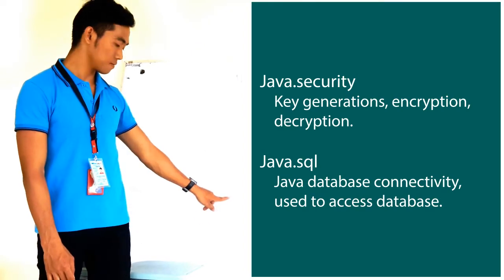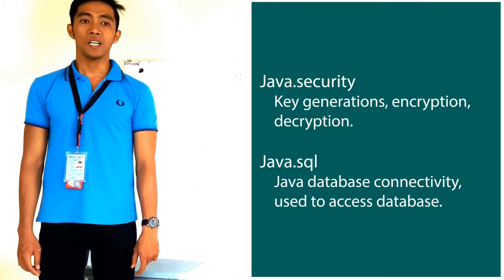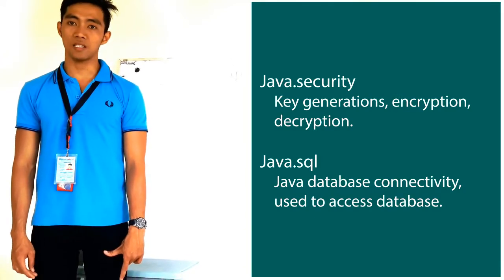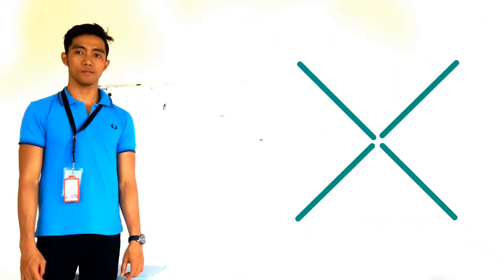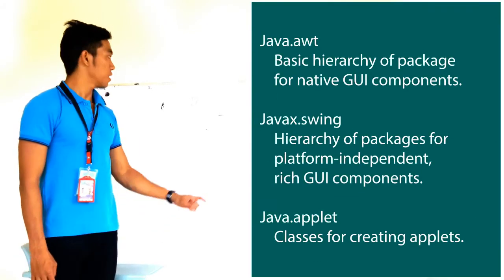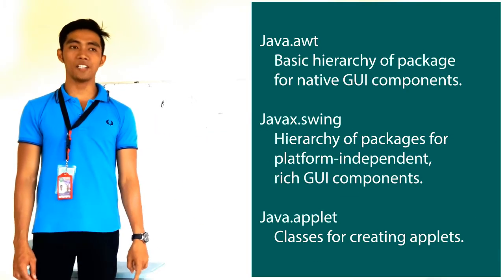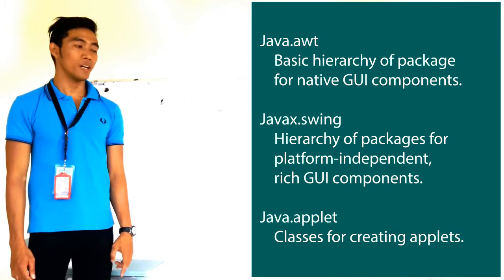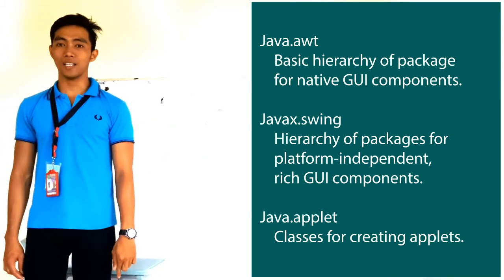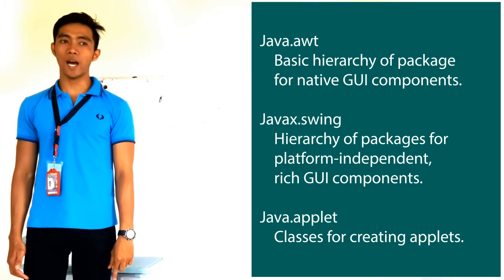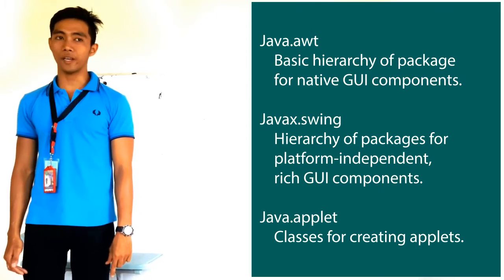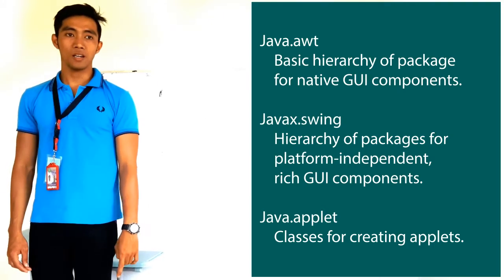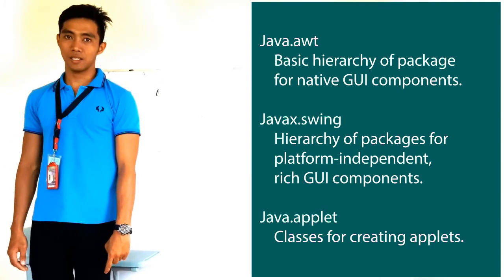Number 9, java.sql: Java database connectivity, JDBC, to access databases. Number 10, java.awt: basic hierarchy of packages for native GUI components. Number 11, javax.swing: hierarchy of packages for platform-independent rich GUI components. Number 12, java.applet: classes for creating applets.